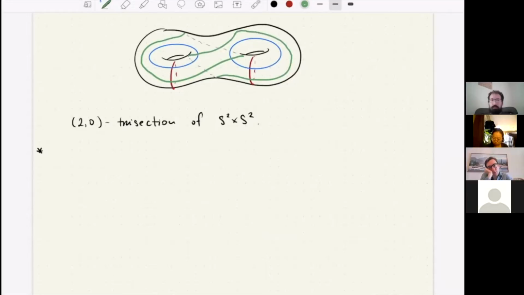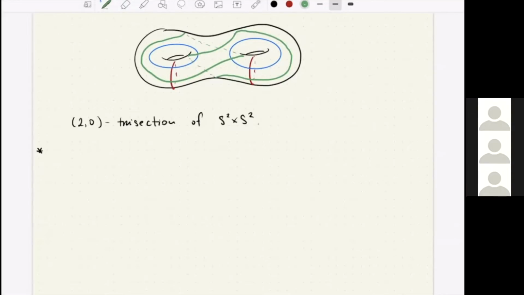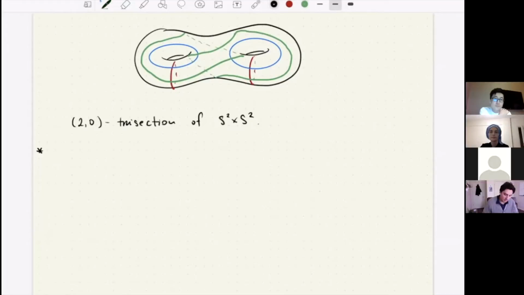And if I were to delete any of the other colors, then up to diffeomorphisms and handle slides of the curves, we could get it to be the same genus 2 Heegaard splitting of S3.